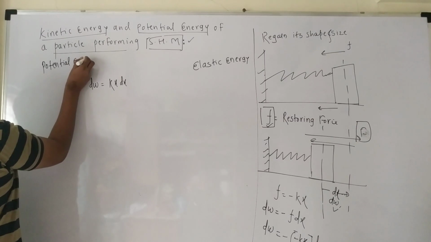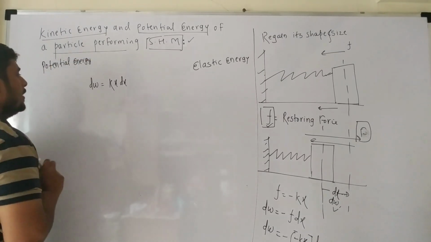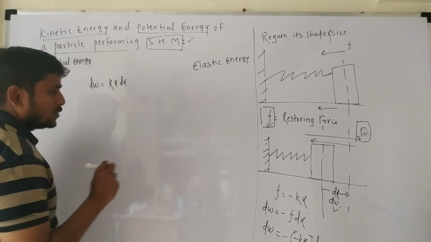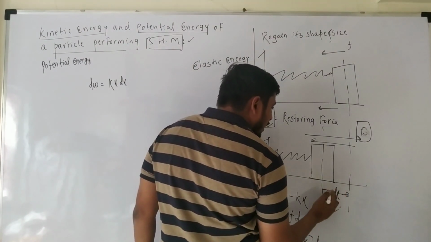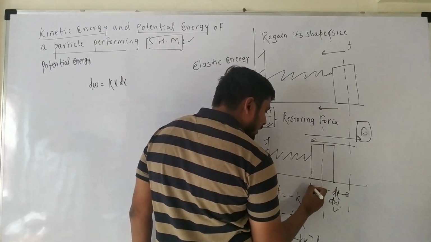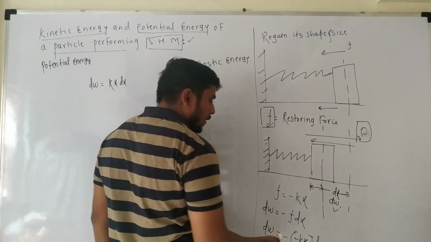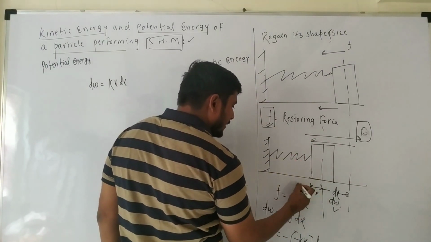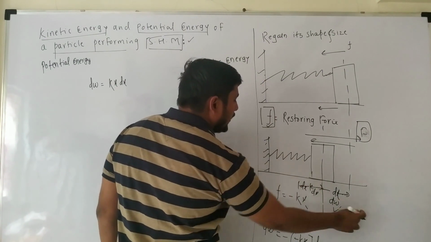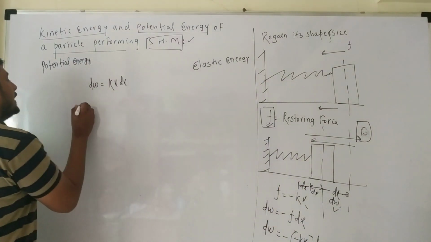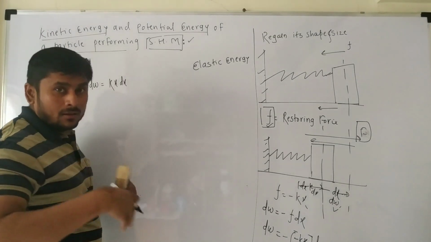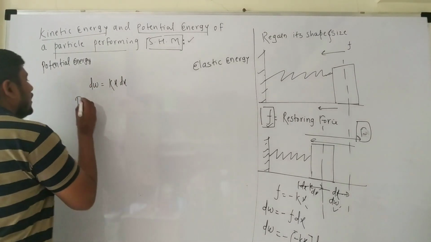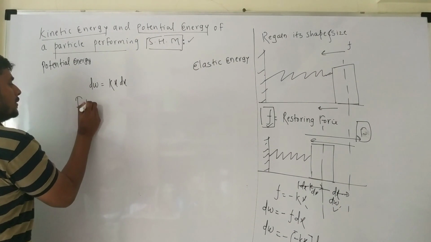So for a smaller displacement, the work done is dw. For the next smaller displacement dx, and again the next smaller displacement dx, we want to calculate the complete work done, so we integrate both sides. In order to get the complete work done, we want to integrate the above equation.